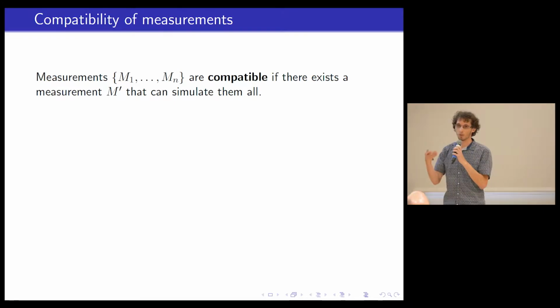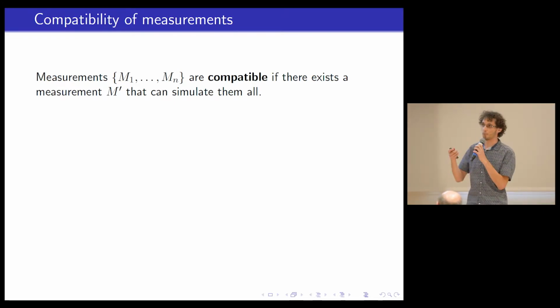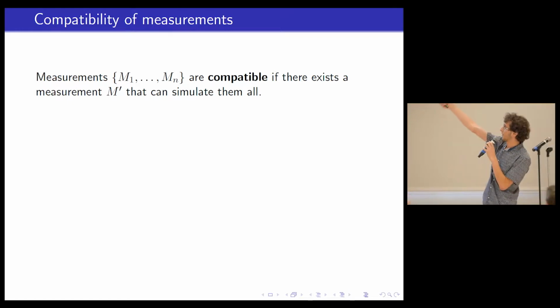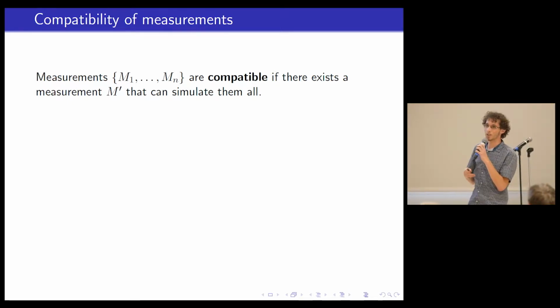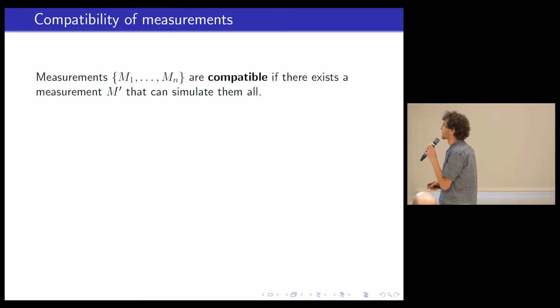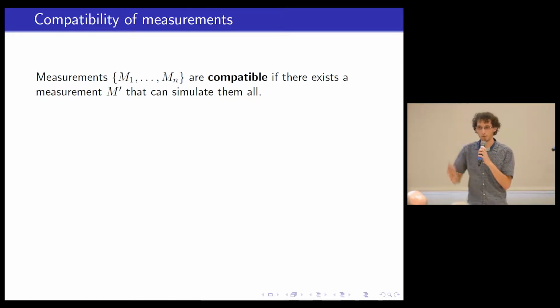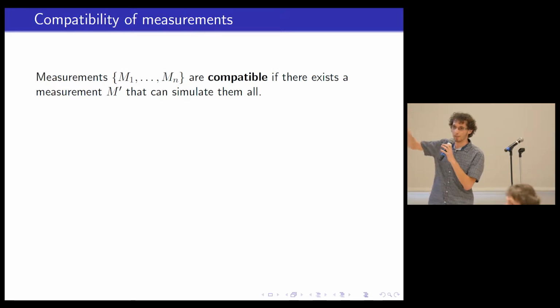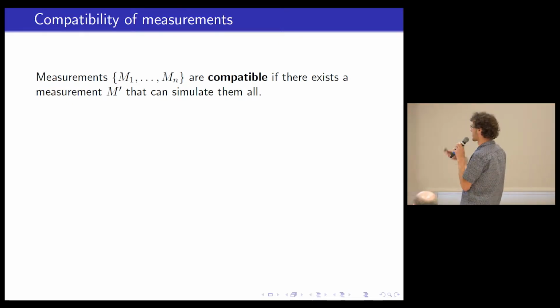What I mean by simulating is that we can post-process the outcomes of M prime and get any of the original measurements, M1 through Mn. If you remember from yesterday's talk, this is also equivalent to the fact that we can marginalize the outcomes of M prime and get the original ones. So I'll not go through that again.